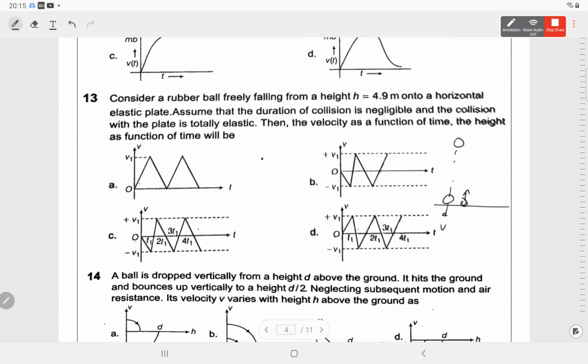So velocity as a function of time, and the height as a function of time. So there are two graphs.